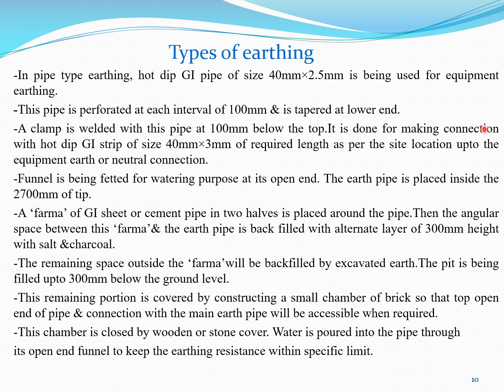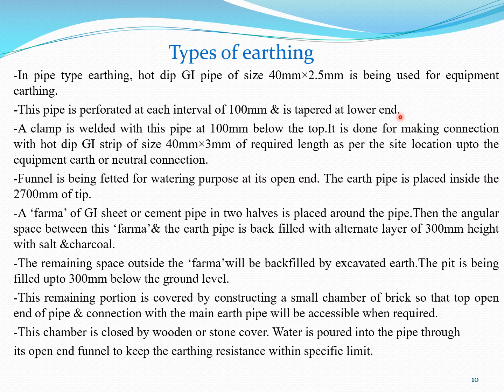In the case of pipe earthing, a hot dip GI pipe of size 40 by 2.5 is used for the equipment earthing. This pipe is perforated at each interval of 100 and is tapered at the lower end. A clamp is welded with this pipe at 100 below the top.